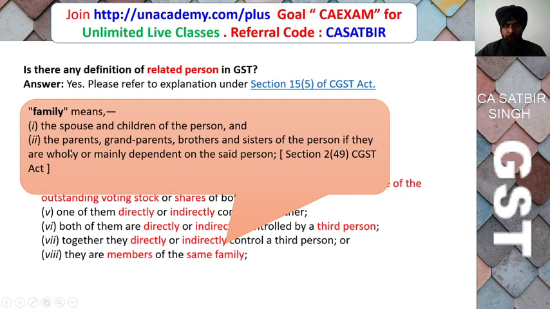So in the second clause, dependence is required: if the parents, grandparents, brother, sister are independent, then they will not be considered as family. But spouse and children, whether they are dependent or independent, it doesn't matter, they will always be considered as family. So any transaction between them will be termed a transaction between related persons. So even if no price is charged for this, GST will be required to be paid.